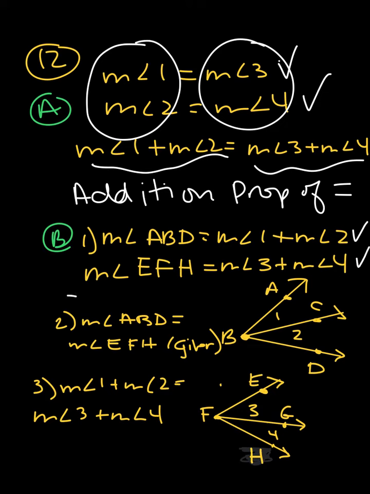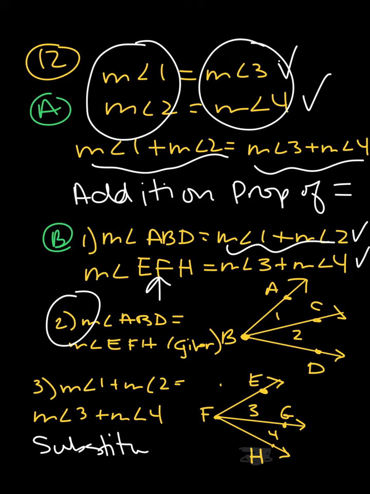Now, if I was originally given, or at some point during my proof I'm given, that those two big angles are equal, then I can state that the measure of angle 1 plus the measure of angle 2 is equal to the measure of angle 3 plus angle 4, because in my previous statement, I have broken those pieces apart. So in combining 1 and 2 together, I have substituted, I've moved things around, so my reason is going to be substitution property of equality.